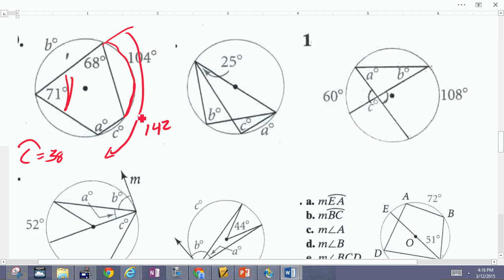Now I also have the angle up here at 68, and I have an inscribed quadrilateral.